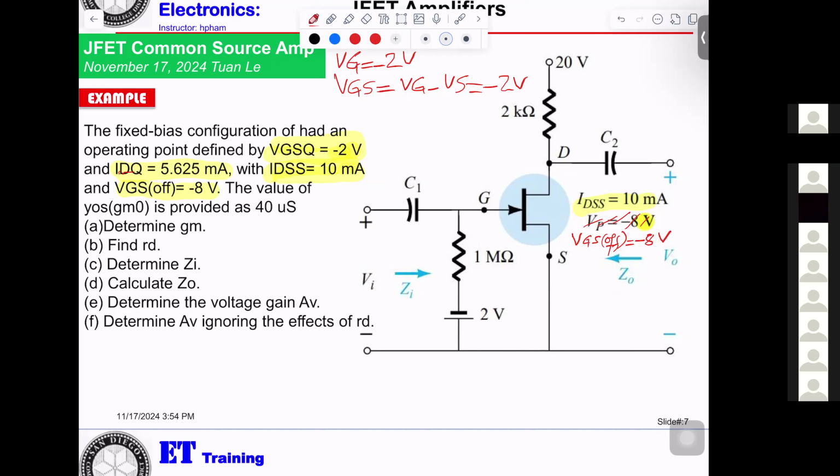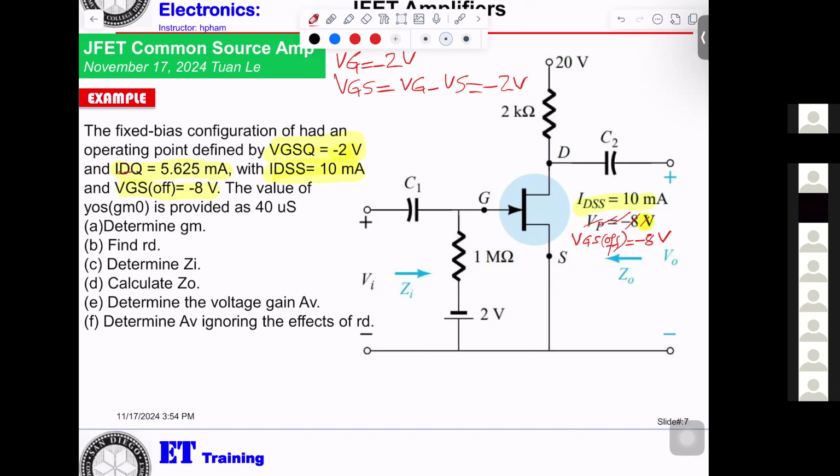VP positive, VGS off negative. And the manufacturer gives you only one value, either VP or VGS off. If they give you VP, then you know VGS off, same value. Only the polarity is opposite.